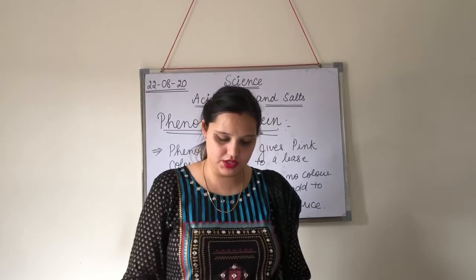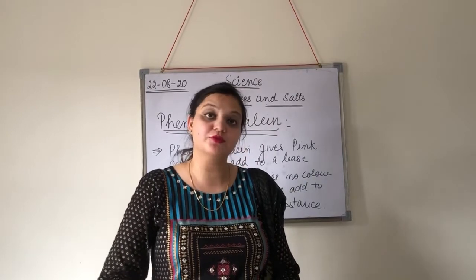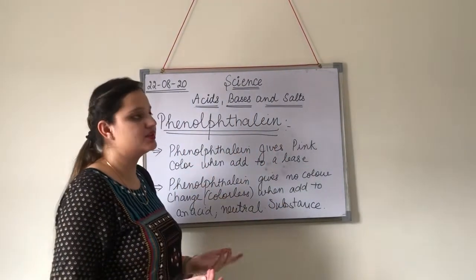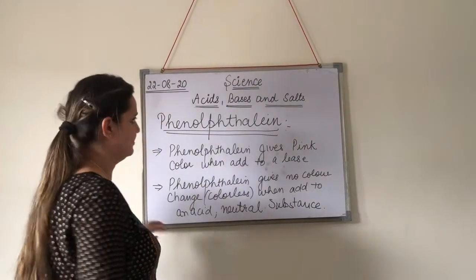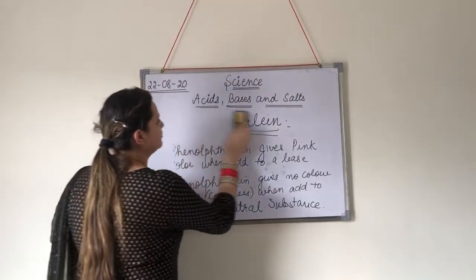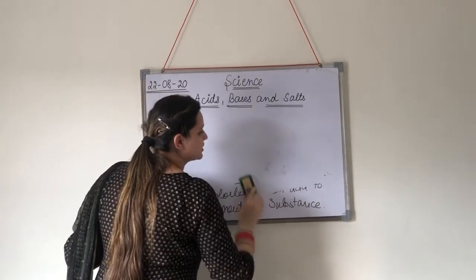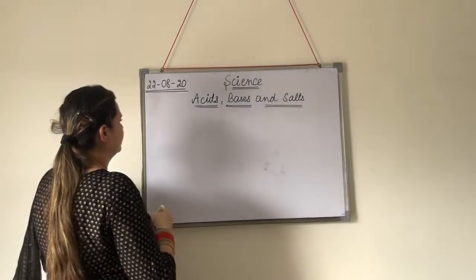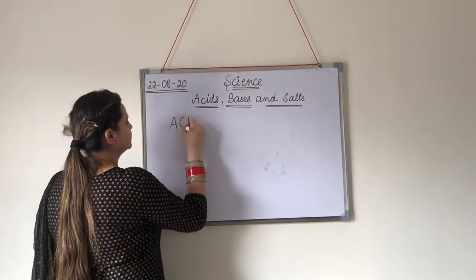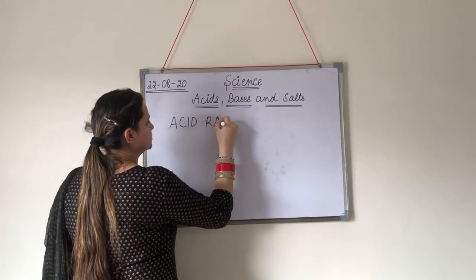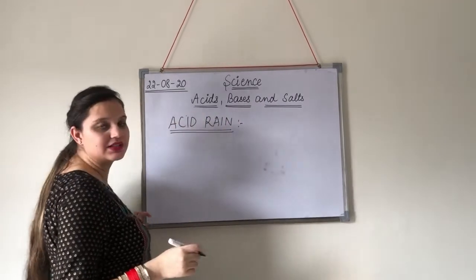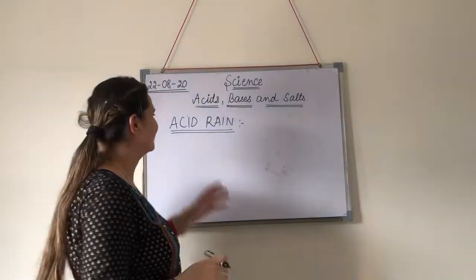Now how can acids be harmful for us, right? So what are the various effects of these acids? The various effects of these acids we are going to discuss in the topic of acid rain. So what happens when these acids mix in the rain, right?